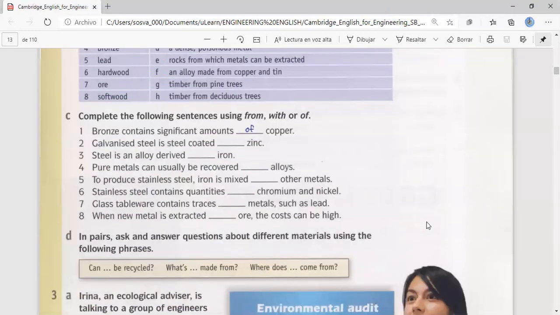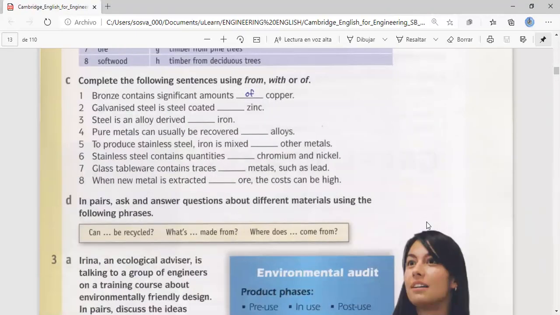That's good. And now let's look at exercise 6, where you have to complete the following sentences using just 3 words, prepositions: from, with, or of. So let's look at this sentence. And of course, you need to know the differences between from, with, and of.